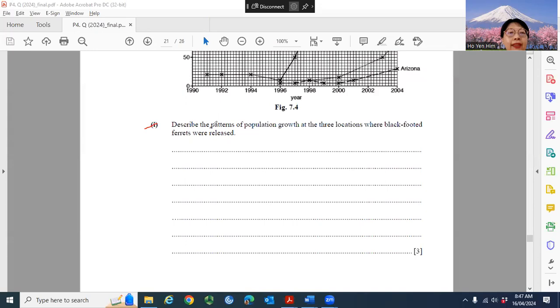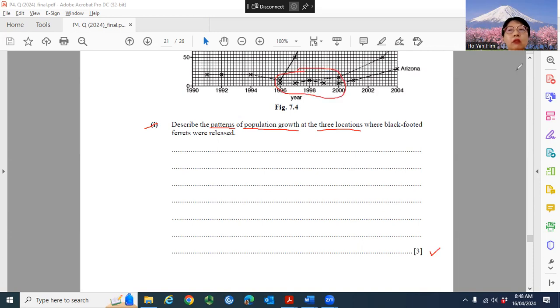Describe the patterns of the population growth at the 3 locations, 3 marks. So how to get the 3 marks? You need to describe the pattern of population growth for each of the 3 locations in full. You must describe fully. Some students only choose, only here I describe.